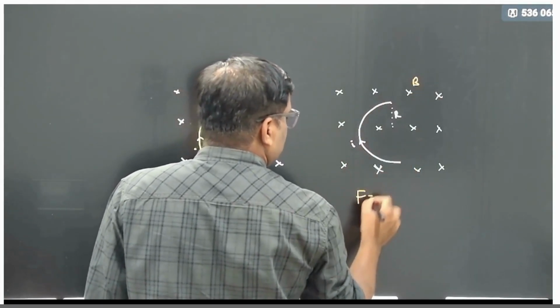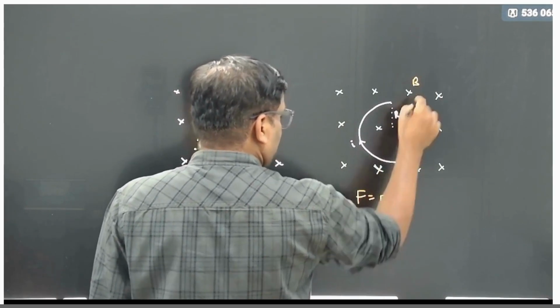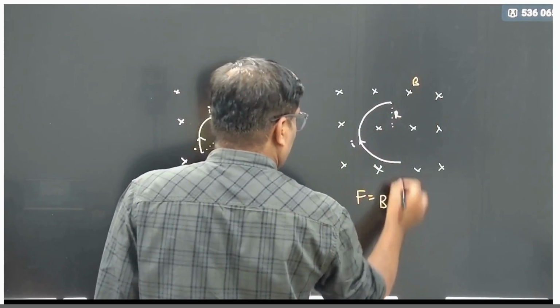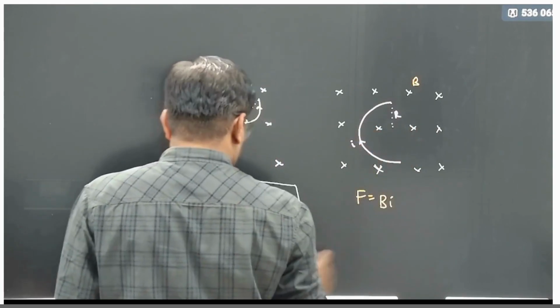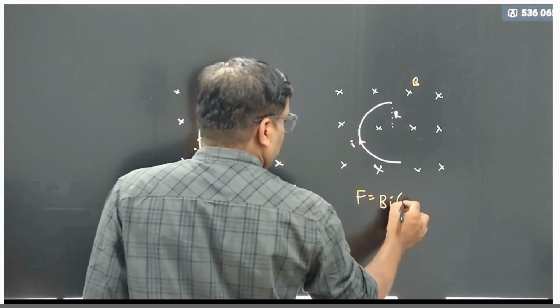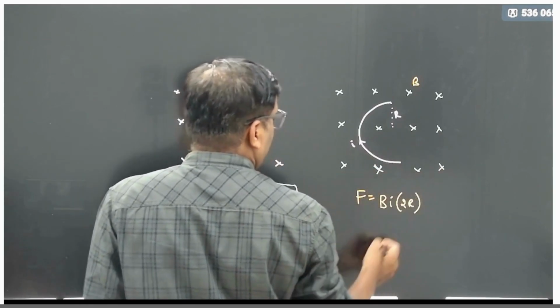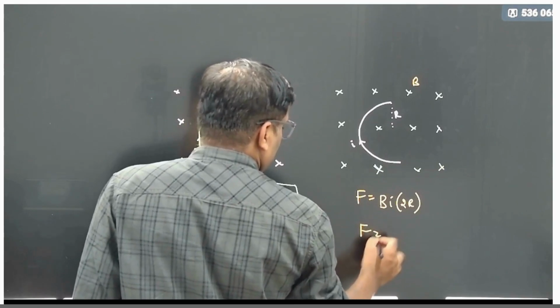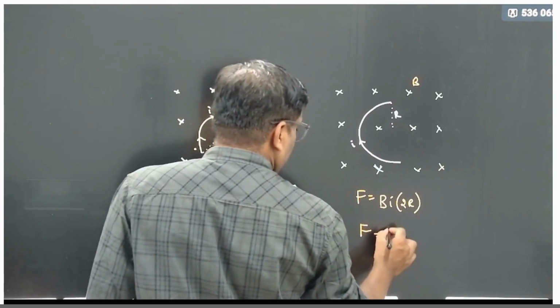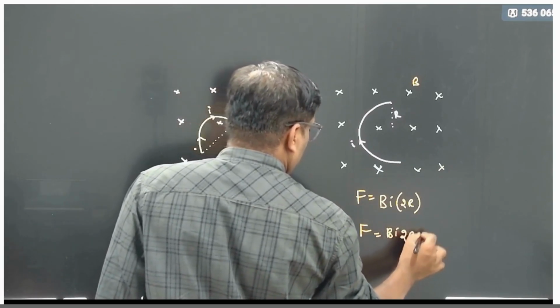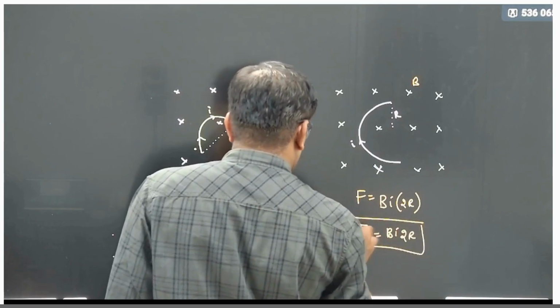Force is B into I into L, and here L is the length, equal to 2R. With sin 90, F equals B into I into 2R. This is the force acting on it.